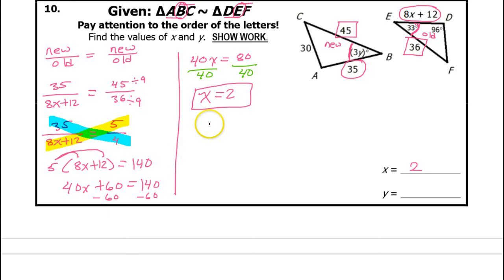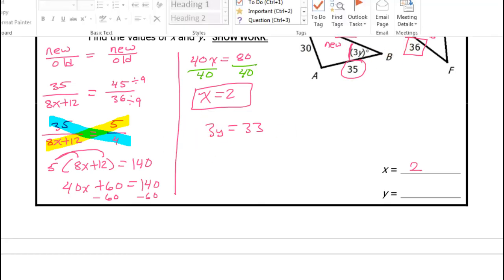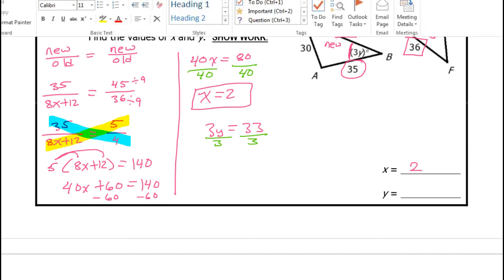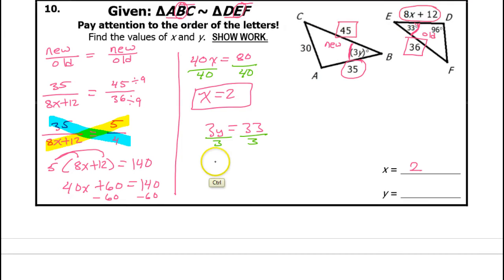So that tells me that 3y should equal 33. Alright, these are corresponding angles. They are equal to each other. So of course I'm just going to divide both sides by 3. And that's going to give me y is equal to 11.